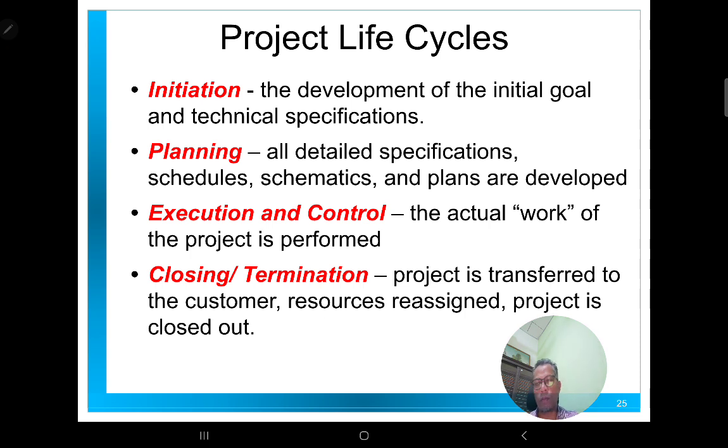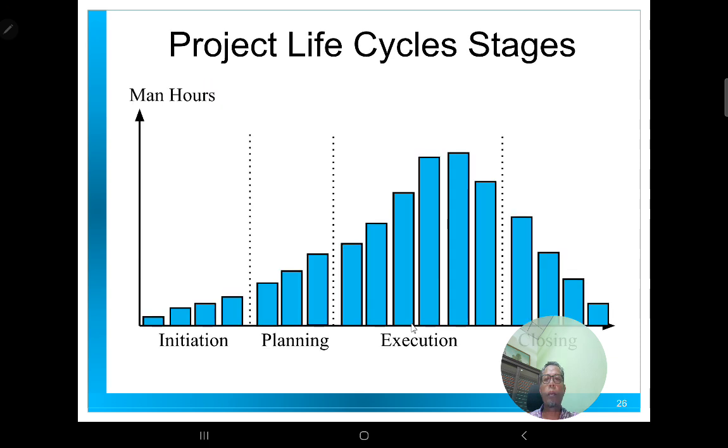So you have lots of people and facilities that you need to reassign for other projects. And then once everything has been cleared and approved by the customers or the stakeholders, then you are able to close the project successfully.